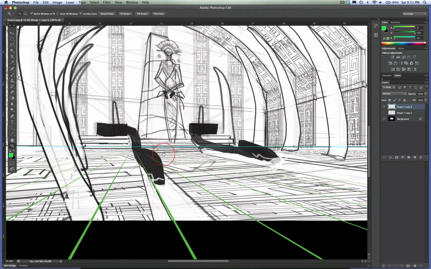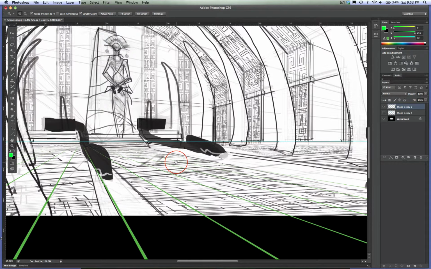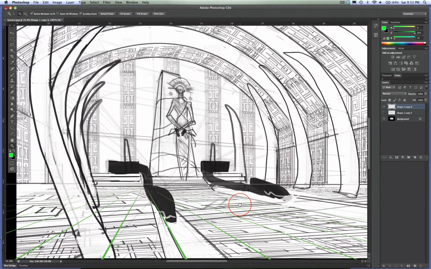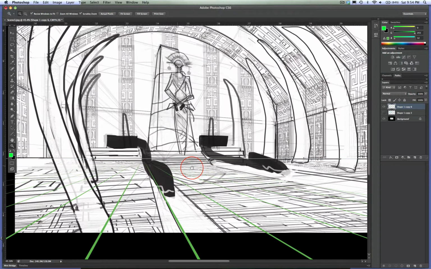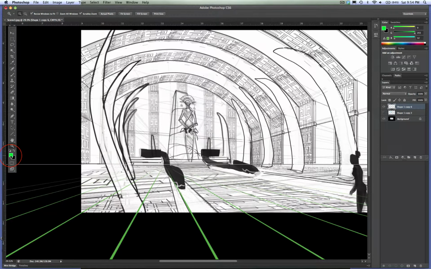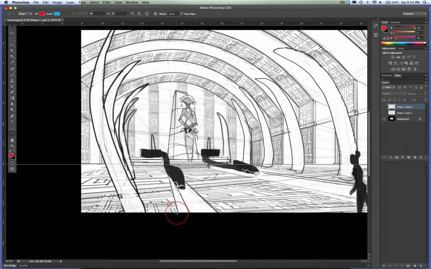So you can see there's issues there on the floor. Now this is one way of doing it. The other way, of course, is instead of doing the lines in perspective, you just do single lines in perspective. Here's an example of that.